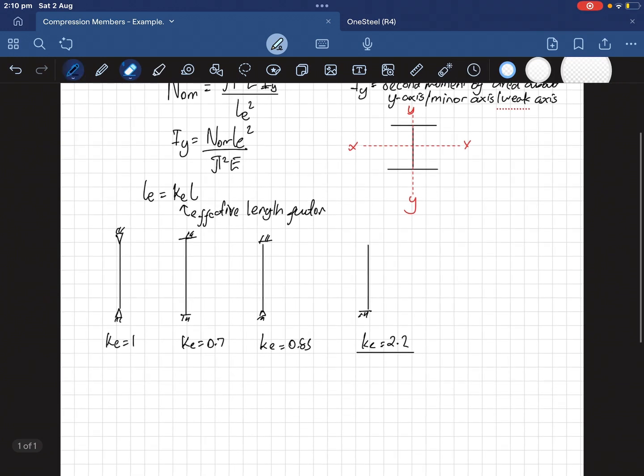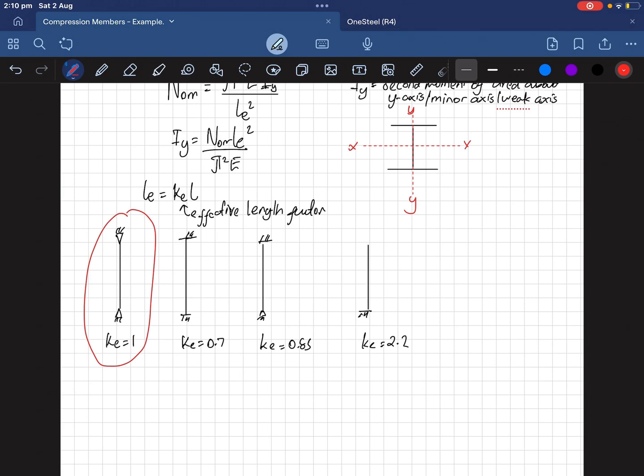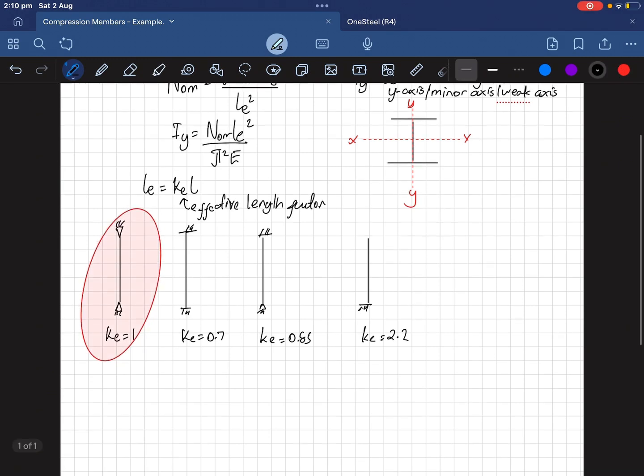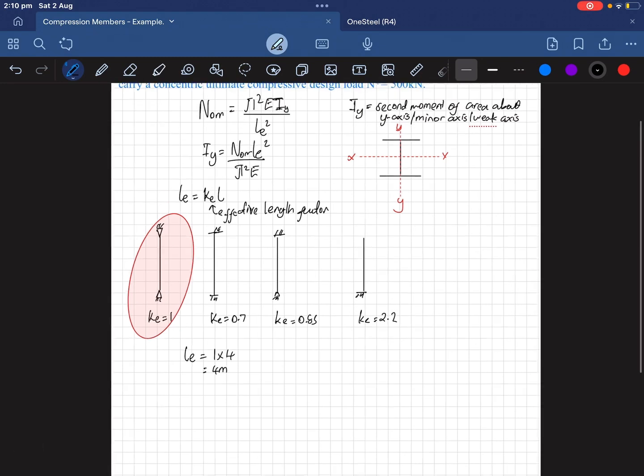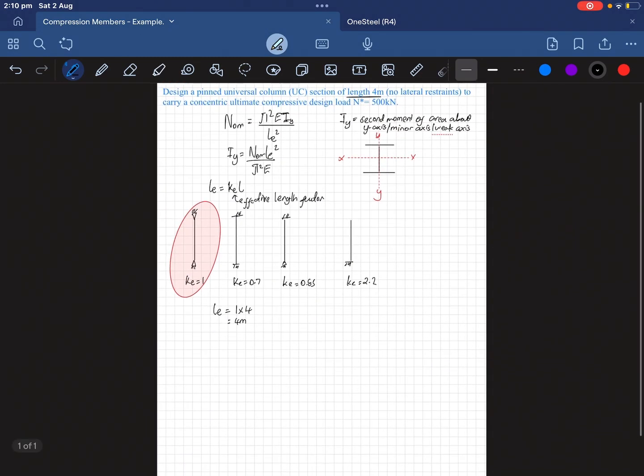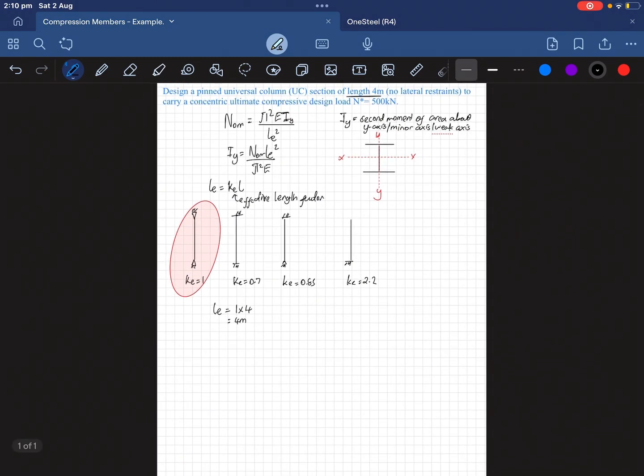But in this example here, we don't have to worry about that one. Our effective length here is going to be KE equals 1. And so the effective length is just going to be still 4 meters.